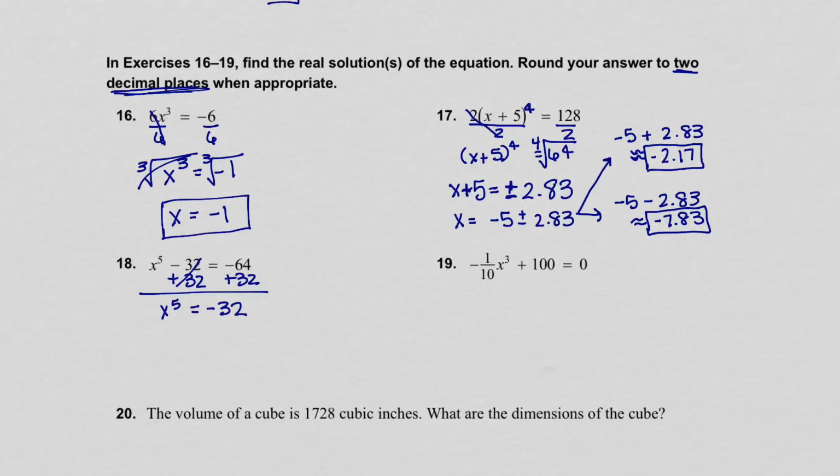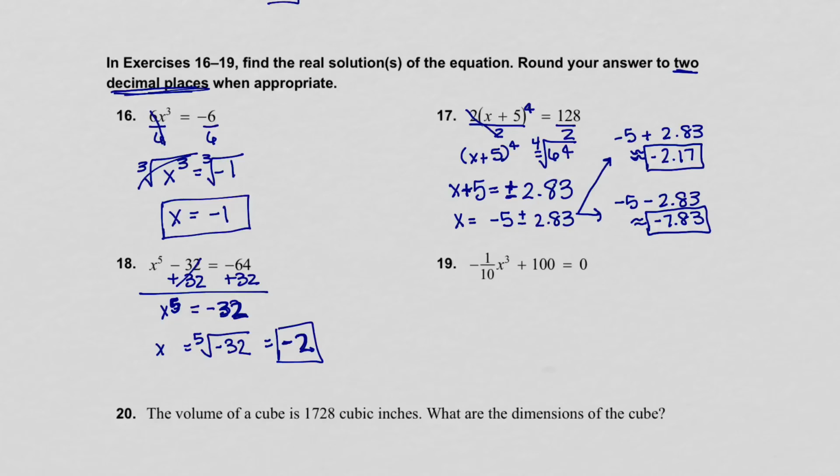Well, I have a negative here, but I can find a real root to that because I'm dealing with an odd exponent over here. So x is going to equal the 5th root of negative 32. And again, we've done this several times already. That's going to give us negative 2. There's only one answer to this because I was dealing with an odd exponent.